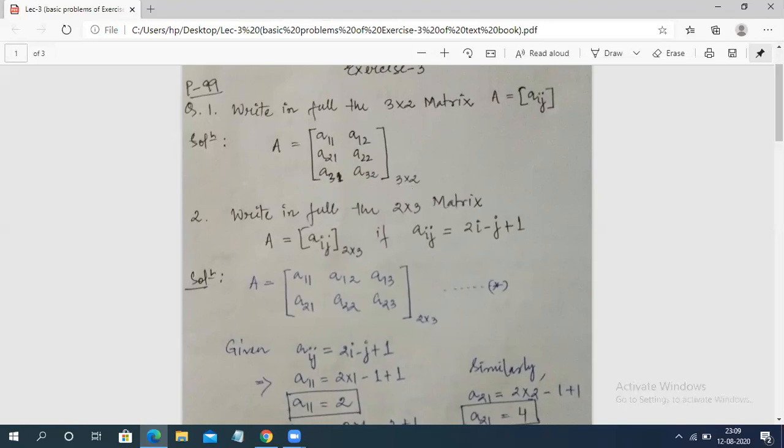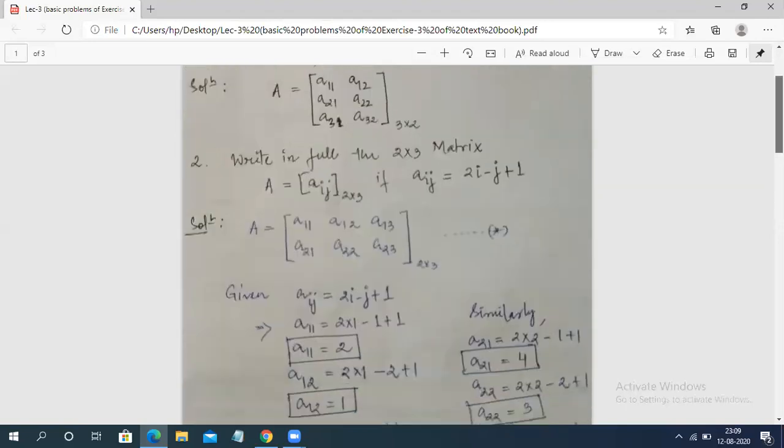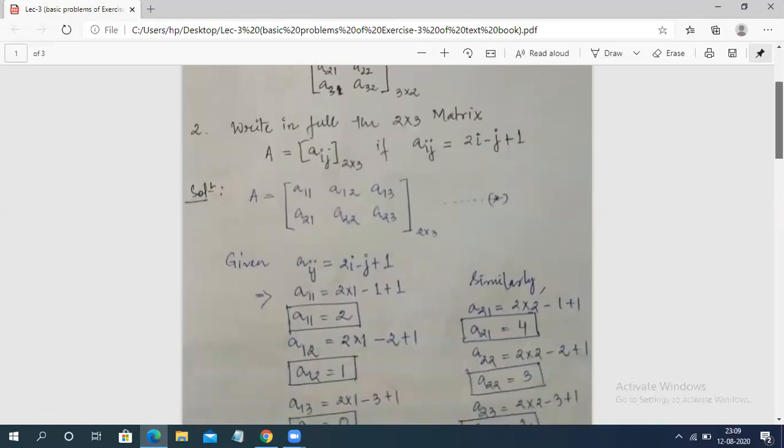Second question is, write in full the 2 by 3 matrix Aij, where Aij satisfies this relation: 2i minus j plus 1. That means you have to write a rectangular matrix whose order is 2 by 3. That means it will have 2 rows and 3 columns.